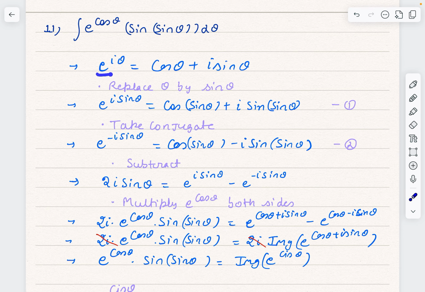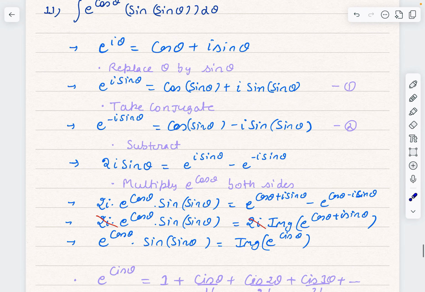See, e power iota theta we know is cos theta plus iota sine theta. I replace theta by sine theta. So I get e power iota sine theta is cos of sine theta plus iota sine of sine theta. Take the conjugate on both sides. You get e power minus iota sine theta is cos sine theta minus iota sine sine theta. Subtract them.